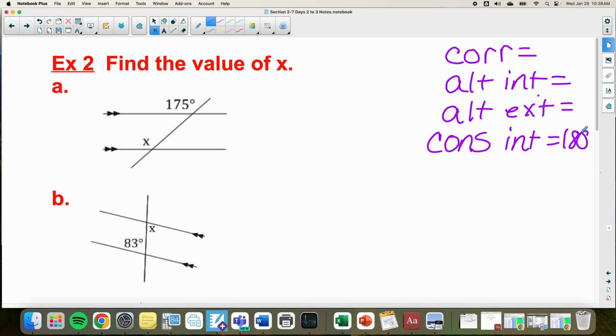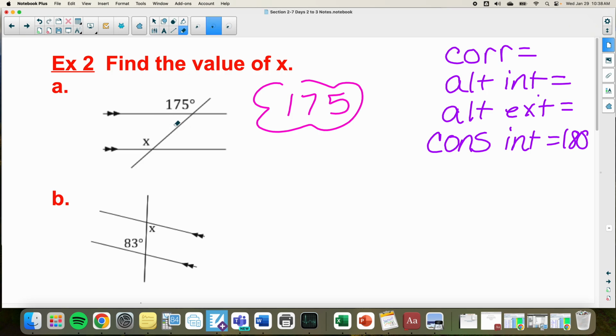So, what kind are those two? Corresponding. Corresponding, in the same position. With corresponding, they're equal, so you would want them to be equal, so it'd be 175. If the 175 is right here, then it would be 5.